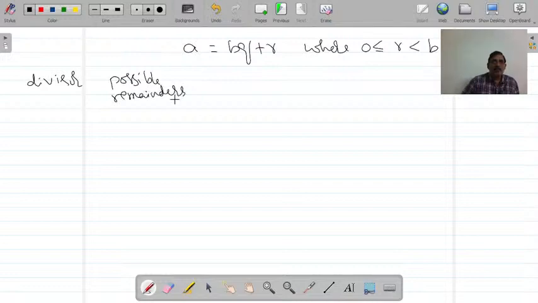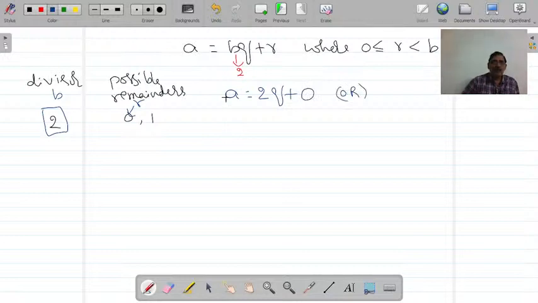When divisor is 2, the possible remainders are 0, 1. So here of course we know that the value of B is 2. Just replace. Then what are you going to get here? Observe. A is equal to 2Q, I am taking this B value and this R value, so 2Q plus 0.